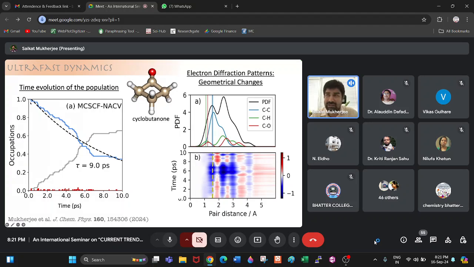Initially it was in the S2 state, and then it comes down to S1, and then finally it relaxes to the ground state in a time scale of 9 picoseconds. And then we collect all the geometries through the dynamics and prepare the electron diffraction patterns, which they will also collect in the experiment. Now we are waiting for the experiments.